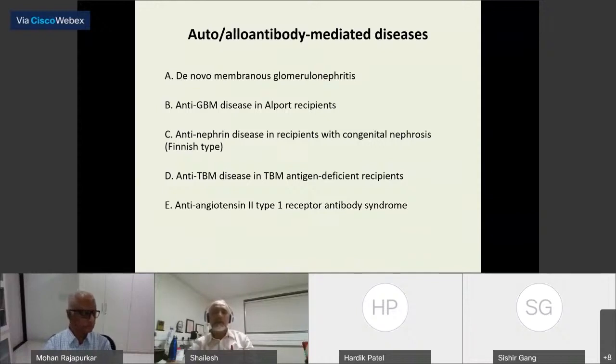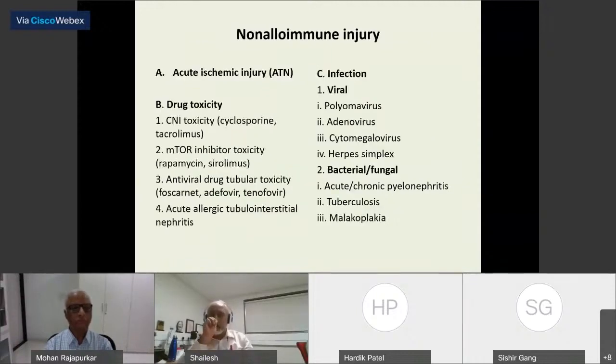Another category is auto or alloantibody-mediated disease, where we can find de novo membranous glomerulonephritis due to development of antibody against basement membrane, or anti-GBM disease, especially in Alport patients, antinephrin disease in patients with Finnish type congenital nephrosis, or anti-tubular basement membrane disease, or anti-angiotensin type 1 receptor syndrome.